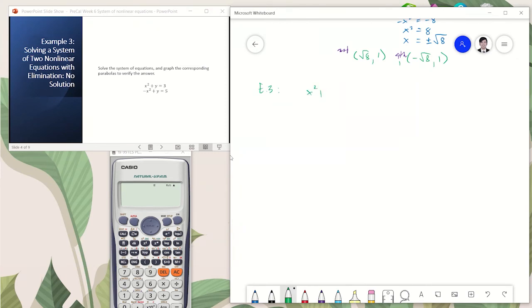We have x squared plus y is equal to 3, and negative x squared plus y is equal to 5. So if this would be our equation 1, this is our equation 2, we can already add equation 1 and equation 2 right away, considering that x squared plus negative x squared is already 0. So x squared will be cancelled out already.